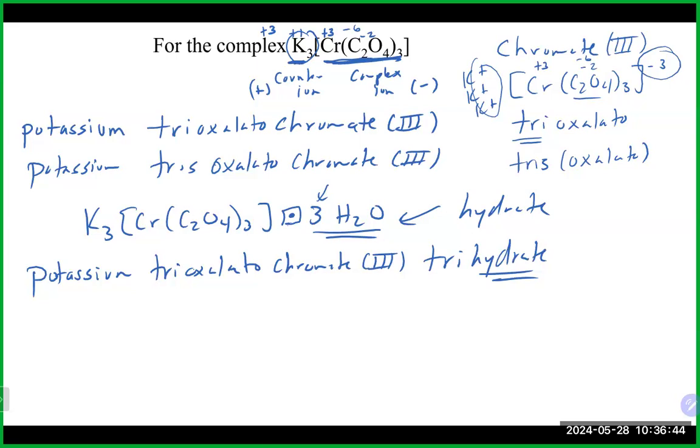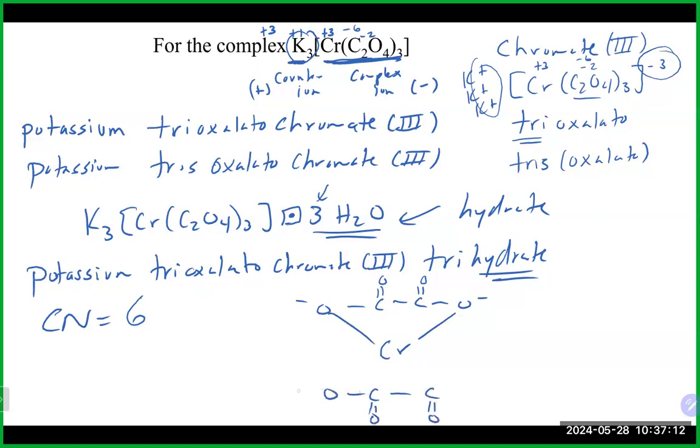Any question on that? By the way, the coordination number in this case is 6, as the oxalate is a bidentate. So in this case, basically what we have is a chromium that has 1 oxalate, 1 and 2, 2 oxalates, and I'll just draw one more this way, maybe.